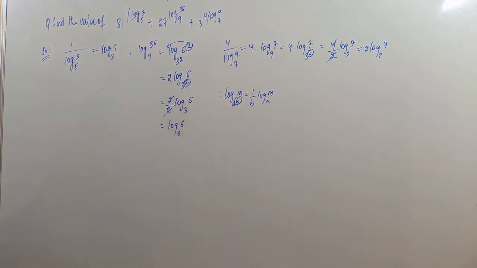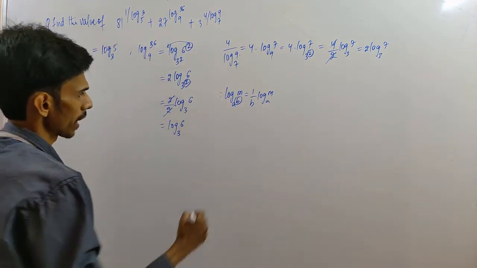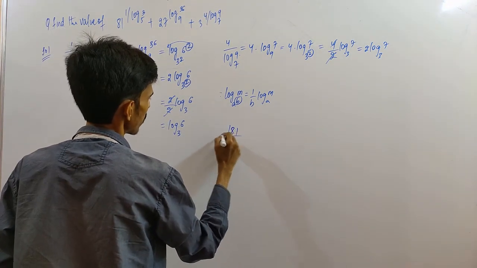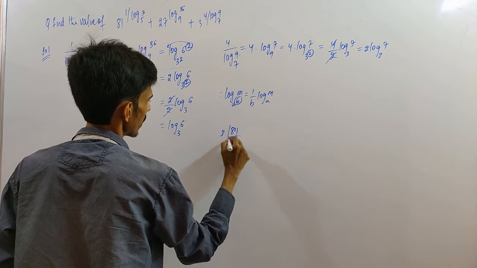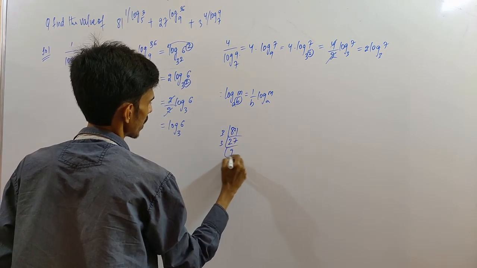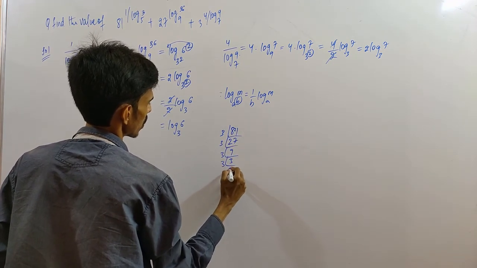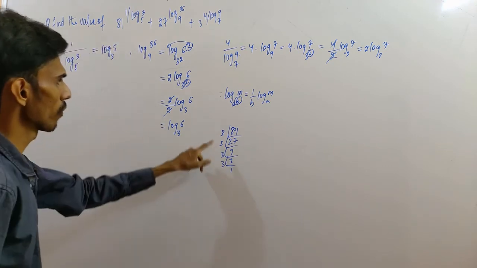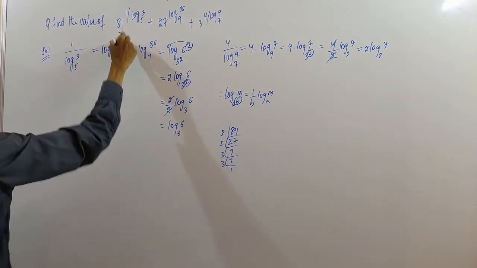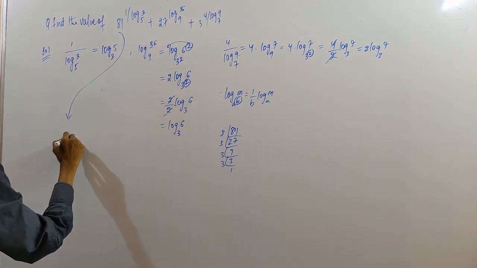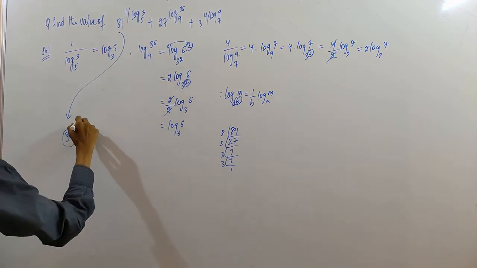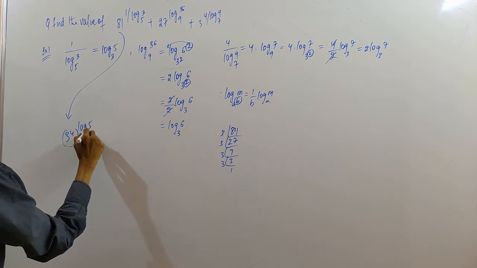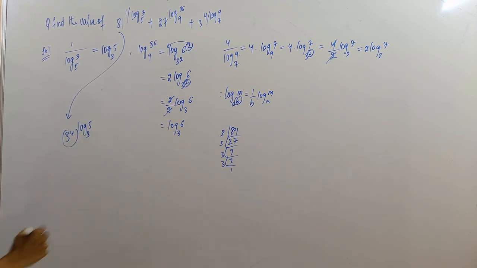Now we have 81 here. 81 can be written as 3 power 4, since 3 3s are 9, 9 3s are 27, 27 3s are 81. So 81 is 3 power 4, and the whole power of this is log_5 3.